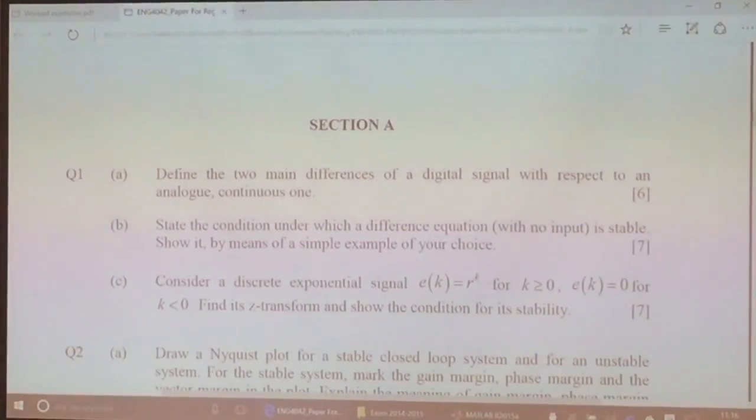Quantized, I heard quantized and discretized. Okay, so those are the two features: discretized and quantized. First of all, you need to mention these two features. And second, you need to briefly describe what these features are, right?